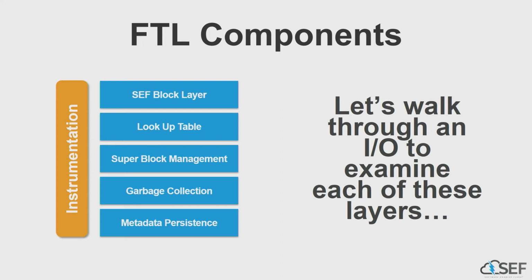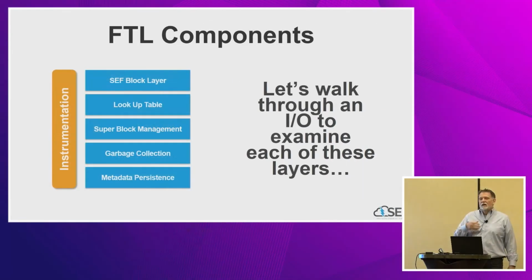There's Superblock Management, keeping track of the state of the system in the media. There's garbage collection, and there's metadata persistence. We have this lookup table, we have this Superblock state information. When you shut down a system, you want to persist all that so you don't have to rebuild it from scratch every single time. If somehow it gets corrupted or damaged, then you resort to rebuilding from scratch.